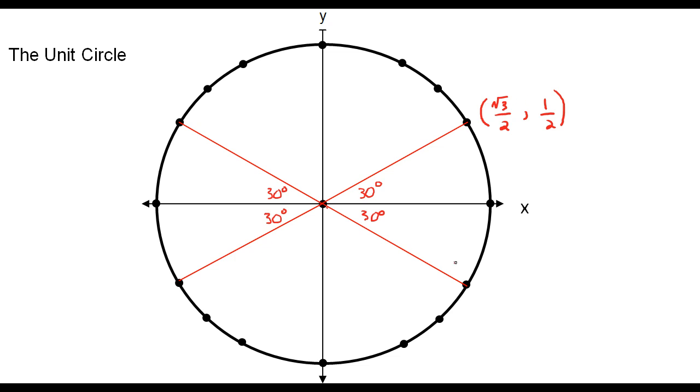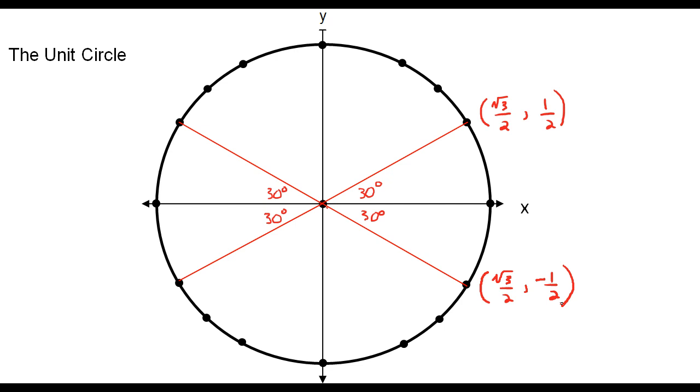For example, this point right down here is directly below this, so it's going to have the same x-coordinate, radical 3 over 2. If I look at this distance here, I went up 1/2, so this must be down 1/2. The y-coordinate is negative 1/2.